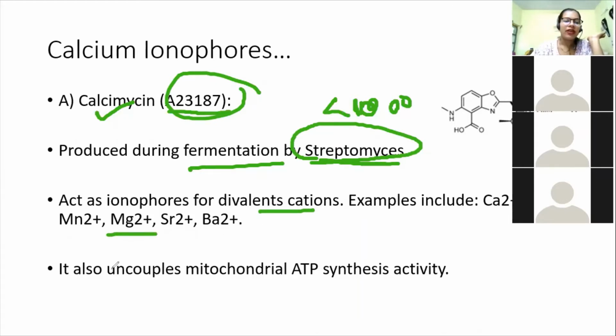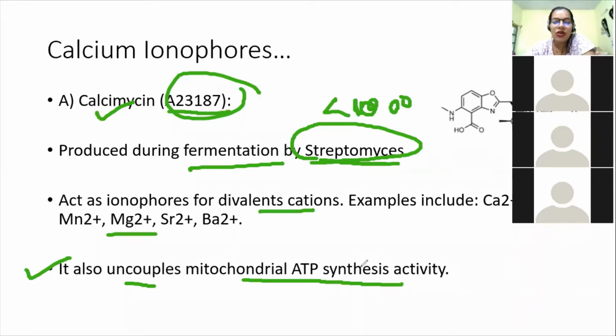Now, what is important about calcimycin is how it acts as an antibiotic: it uncouples the mitochondrial ATP synthesis activity. What does it mean? Can anyone tell me what uncoupling the mitochondrial ATP activity means? Anyways, in detail we have to study all this, but yes.